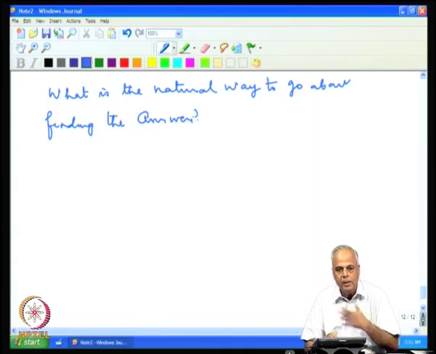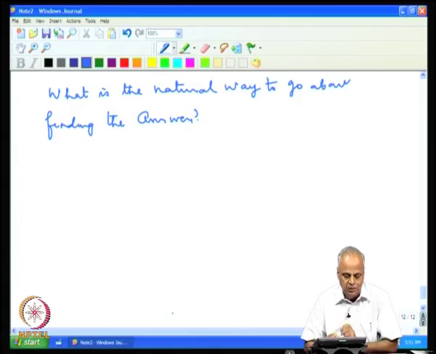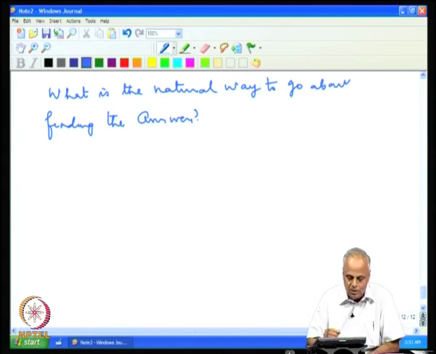The natural way that the mathematician does is, whenever he has a problem which is difficult to solve, look at the simplest version of the problem and see what are the mechanisms involved in the simplest version, and the knowledge gained from that is going to help him to handle the most difficult or the most general situation.